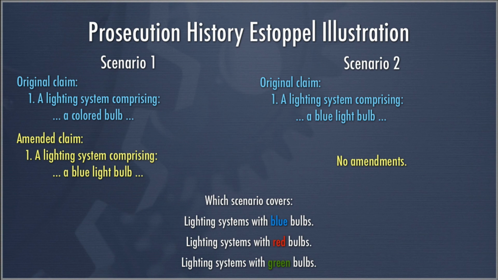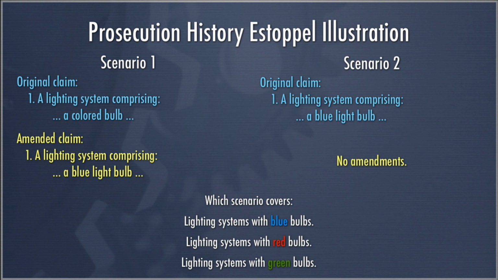Scenario number 1 has a lot more costs, right? It requires the patent office to do a lot more work, find more prior art because it's a broader claim, and issue more rejections because it's a broader claim that interferes with more prior art, and has potential disclosure and other problems.